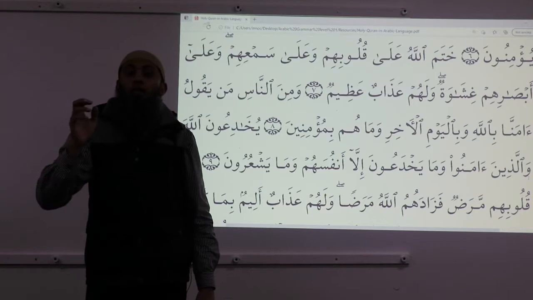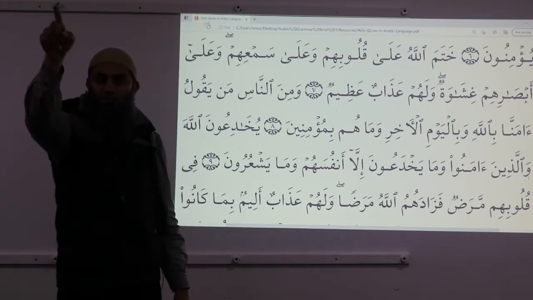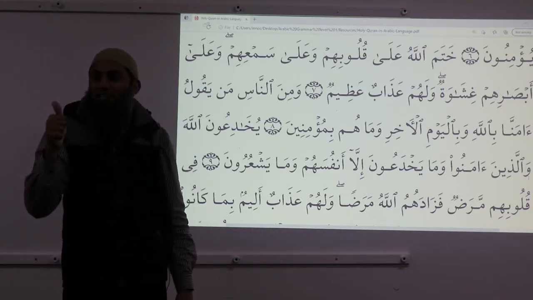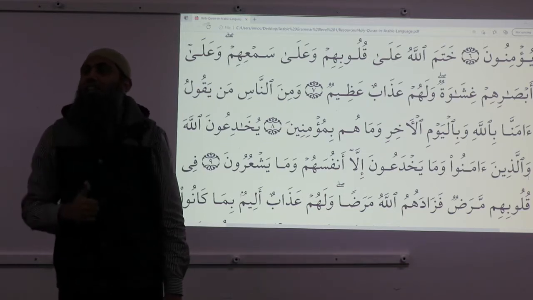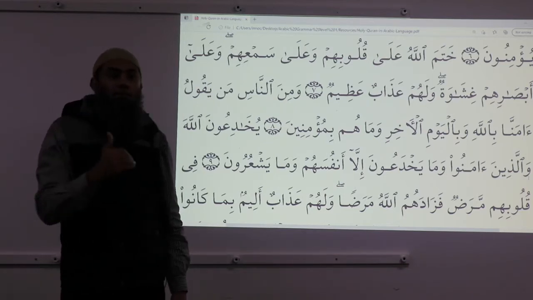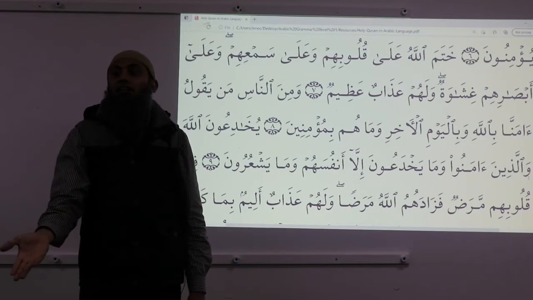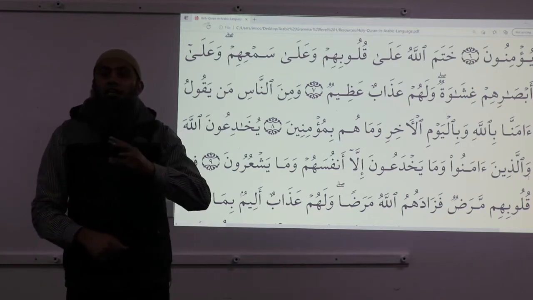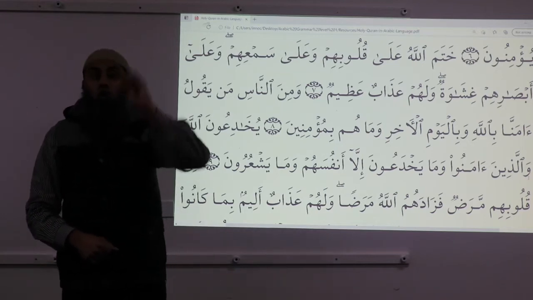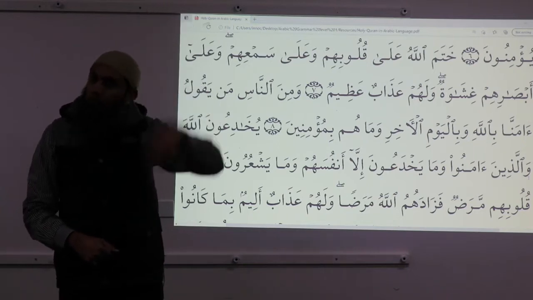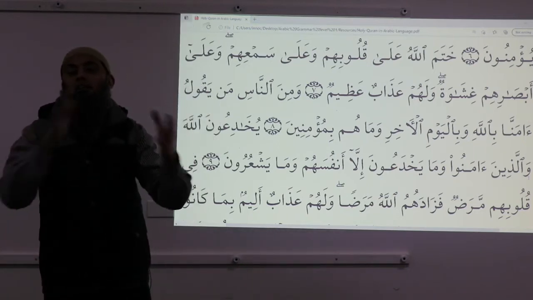Next, if you point to something which is far, so that, the Arabic word for masculine is zalika, and the Arabic word for feminine is tilka. And the Arabic word for plural, those, for both of them is ulaika, and that's it.